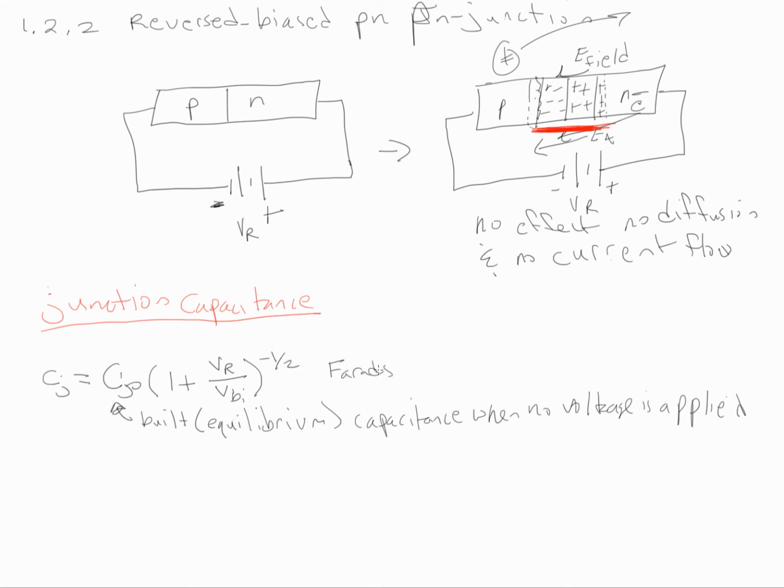And the units are farads for this. So that's the junction capacitance when the PN junction is in the reverse bias configuration.